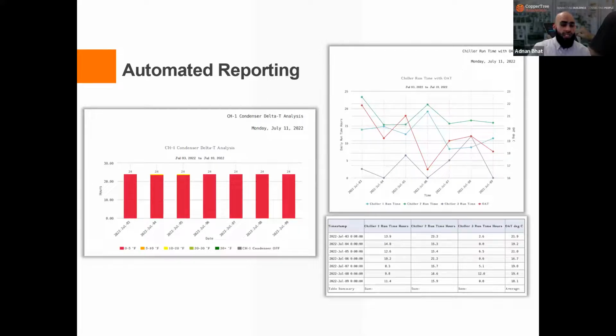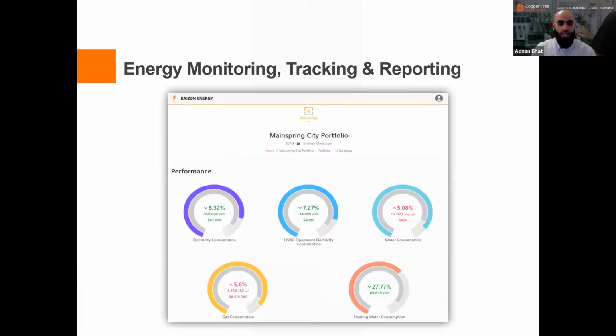So lots of low delta T for this particular unit between July 1st and July 10th. The image on the right is a plot of chiller runtime with outside air temperature, and the raw data is also displayed in the table below. And you can see how the green line there corresponds to chiller 2. So chiller 2 has consistently higher runtimes than other chillers in this facility.